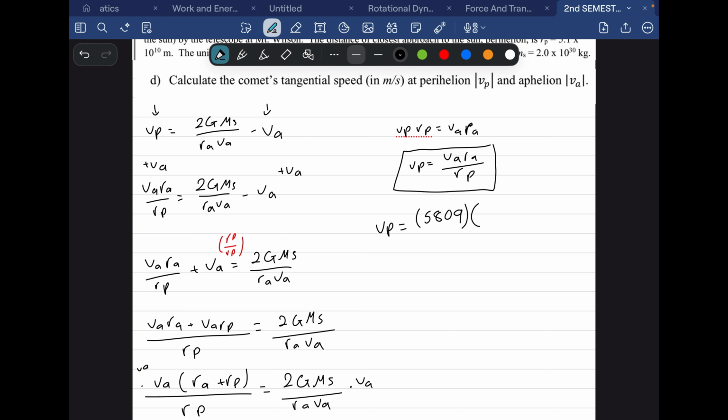Then distance of R apogee is 6.1 e to the 11 all over distance of perigee, which is 5.1 e to the 10, which should give you 69481 meters per second, right?